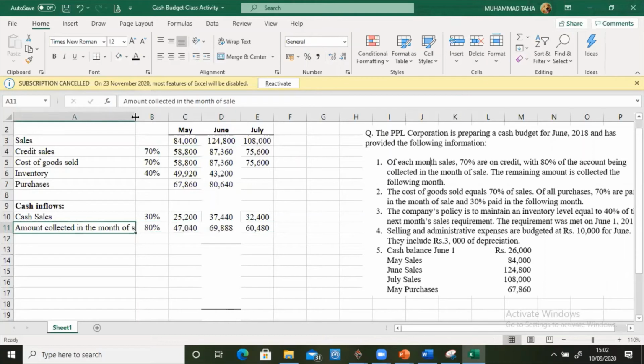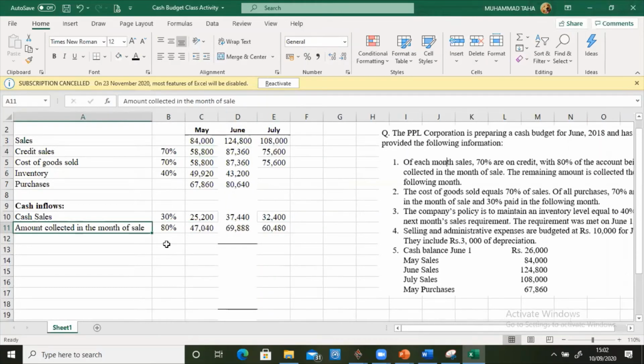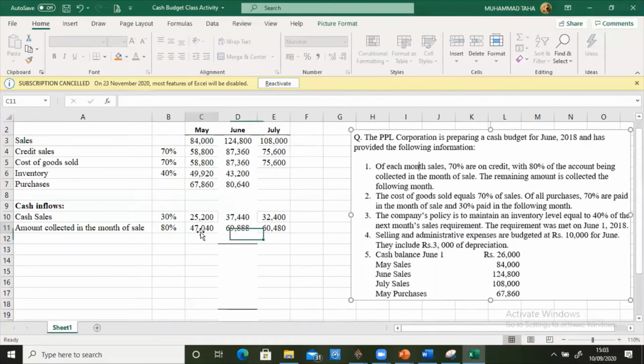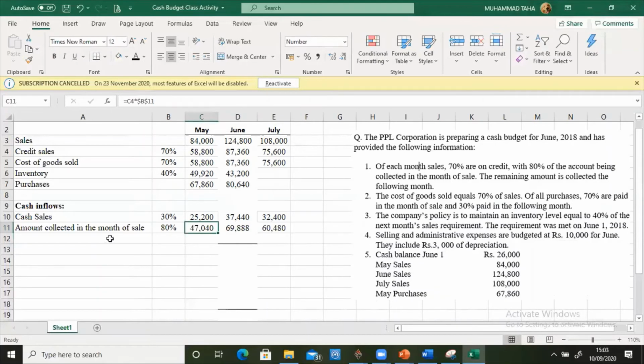So the amount collected in the month of sale is going to be 80% of the credit sales amount. Then it's written that the remaining amount is collected in the following month. So if 80% is collected, then 20% still needs to be collected, or you can simply subtract it.